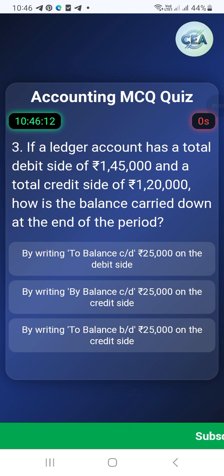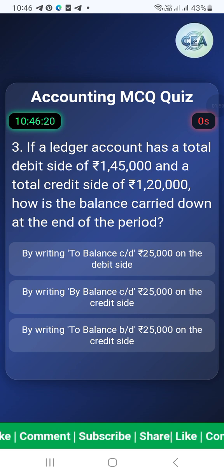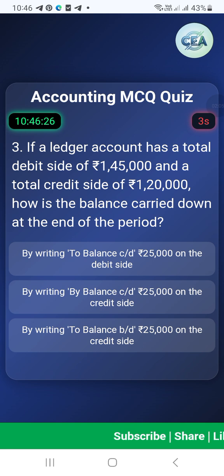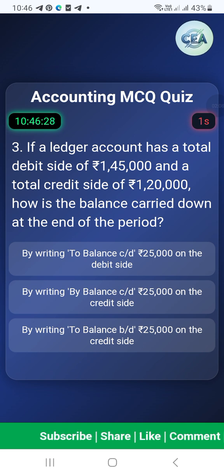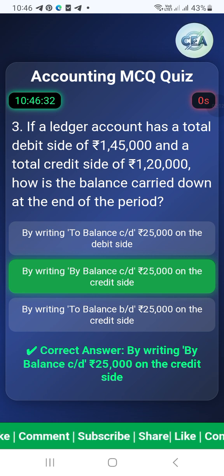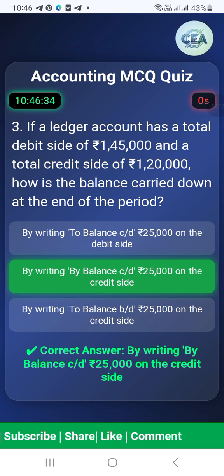By writing, By Balance c/d, 25,000 rupees on the credit side. Option 3. By writing, To Balance b/d, 25,000 rupees on the credit side. Correct answer is: by writing, By Balance c/d, 25,000 rupees on the credit side.